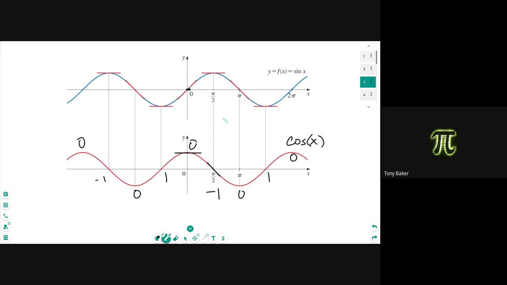And I'm going down to -1, correct? So I'm going down to -1, back up to 0, up to 1, and then back down to 0. So it's similar to sine, but it's flipped, right? So the derivative of cosine is negative sine.